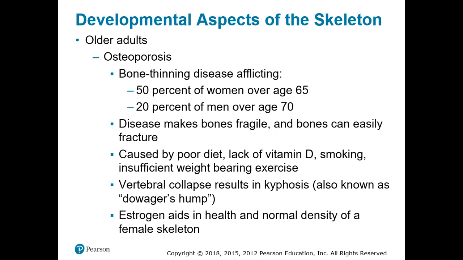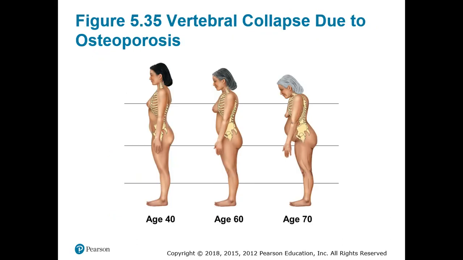Typically, this does happen because of osteoporosis, but it's now becoming very commonplace because of poor posture, of people always hunching over phones, hunching over computers, hunching when they sit. So we tend to see this, and I do believe I have an image coming up on it. So here we see kind of that hump in the back. That is your dowager's hump.